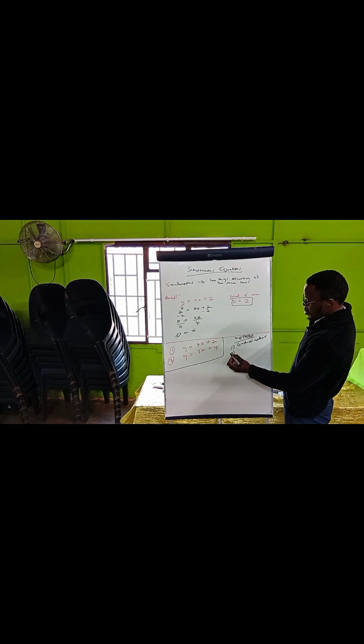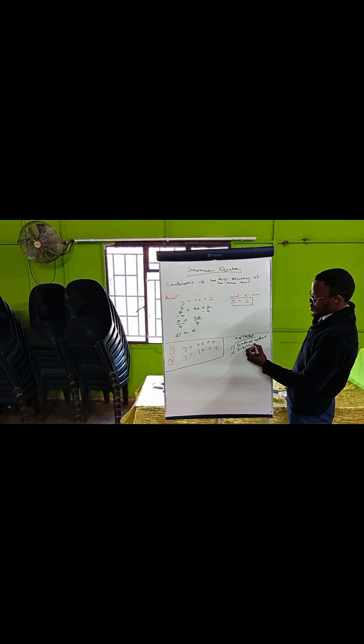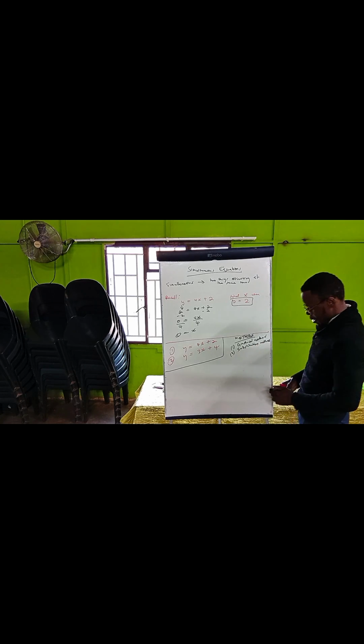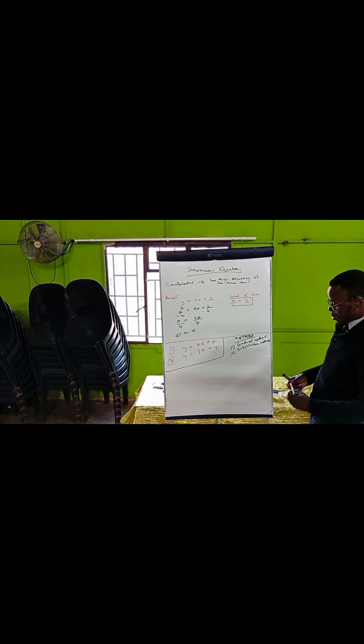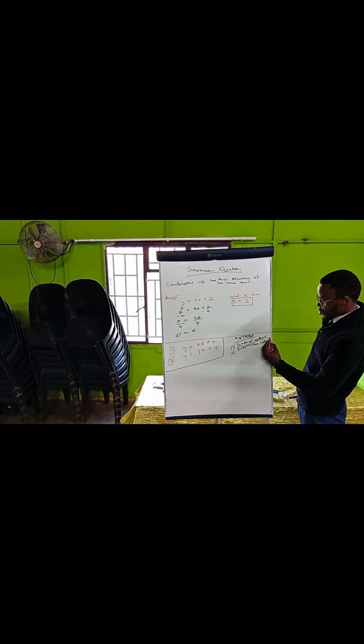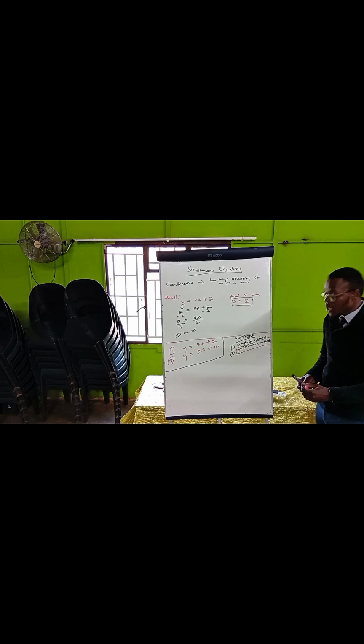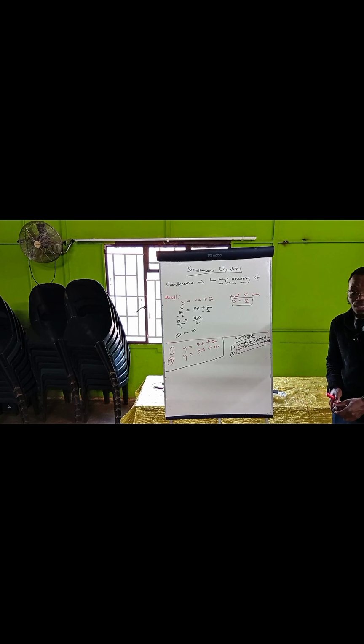Then the second method is called the substitution method. Now this is one method that is particularly a problem for most learners. So I'll start by demonstrating this one. And of course, I'll give you some clues on how to determine which method you should use, so that it will be easy to get the answers.